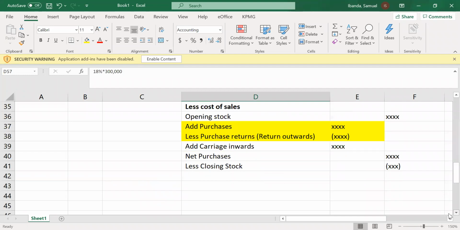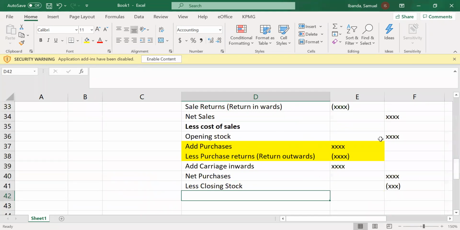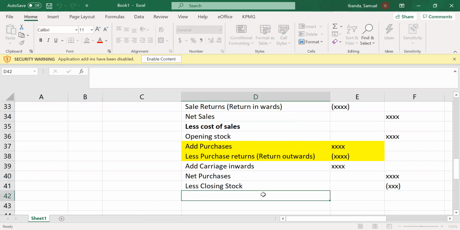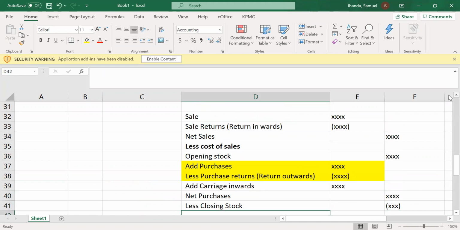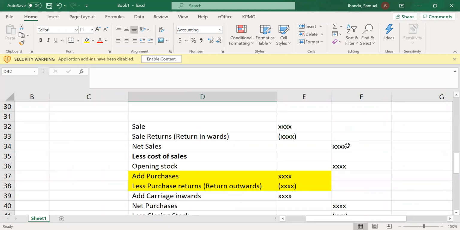And I had given you up to this level, where you have your cost of sales. Because after you have your opening stock, then you add your purchases, less purchase returns, add carriage inwards, get your net purchases and less closing stock. You then get your so-called cost of sales, okay?